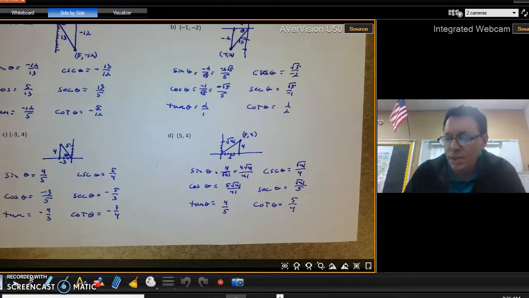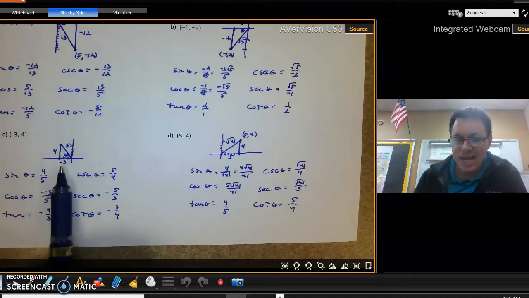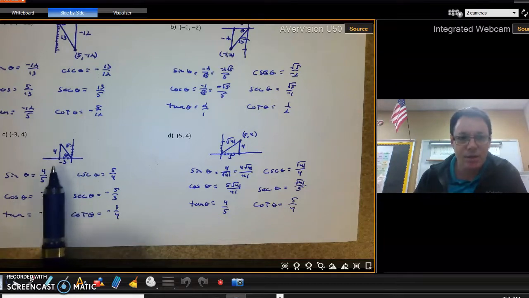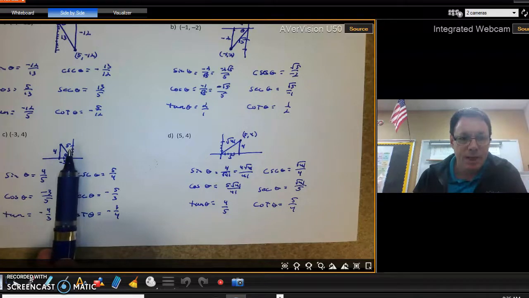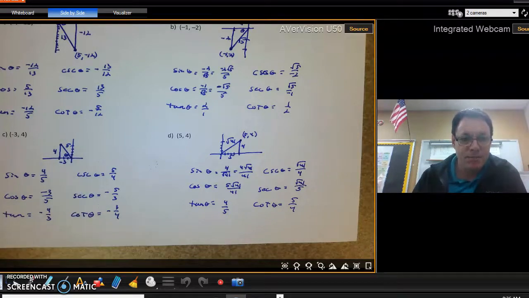For example C, the point is in quadrant 2, so everything's in quadrant 2. Notice that means the x side is going to be negative, the y is positive. I found my hypotenuse to be 5.